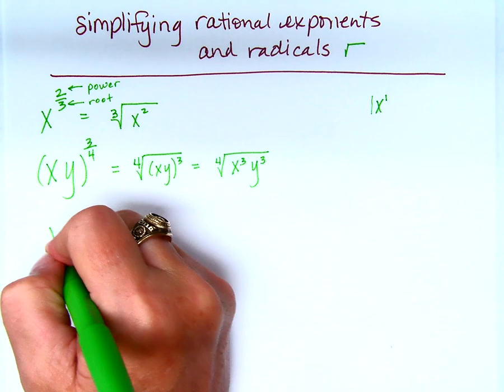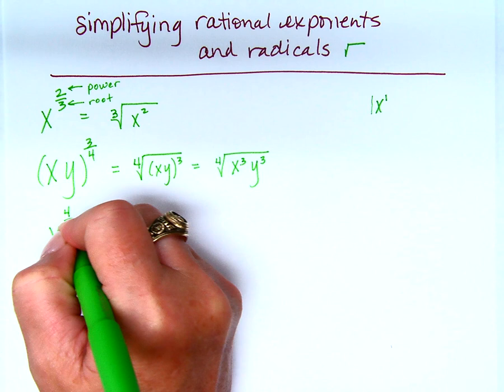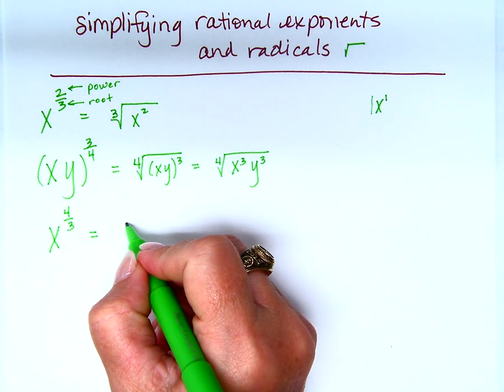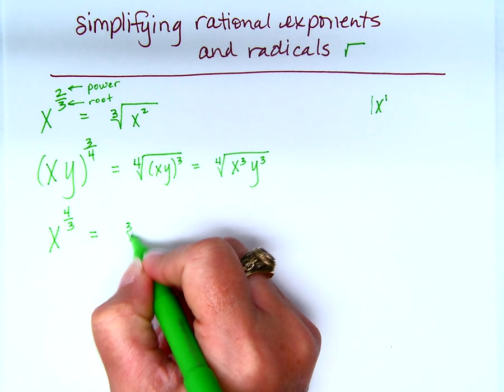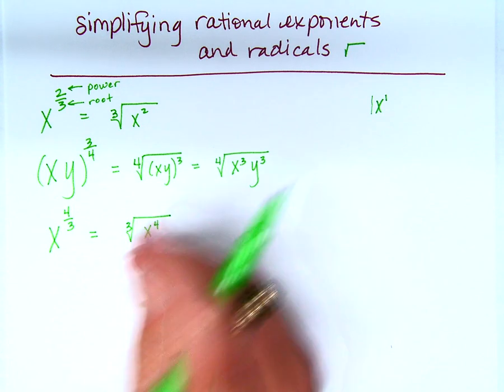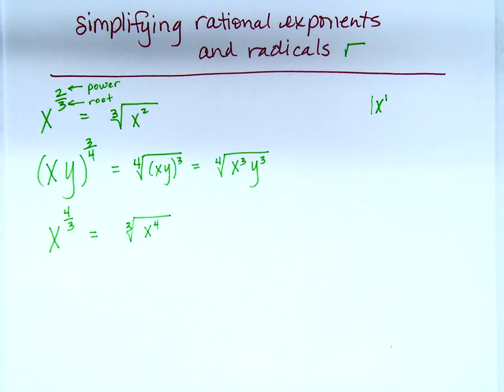What if I ask for this, x to the 4/3, in radical form? So a cube root of x to the 4th. So here's what's going to happen.